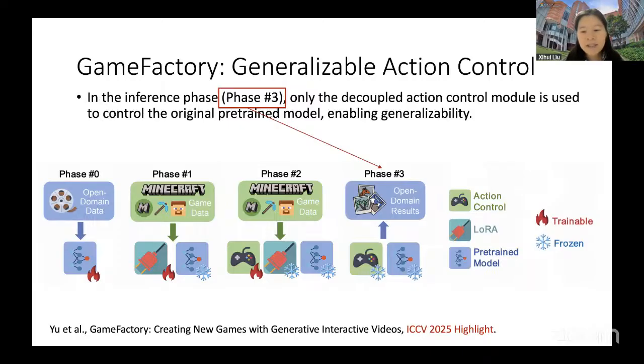And then in phase three, during inference, we remove this LoRA containing the style information of Minecraft, and we only preserve the action control module as well as the pre-trained parameters of video generation. And in this way, we can discard the style information from Minecraft and only preserve the action control capability from Minecraft, as well as the open domain capability of the pre-trained model.